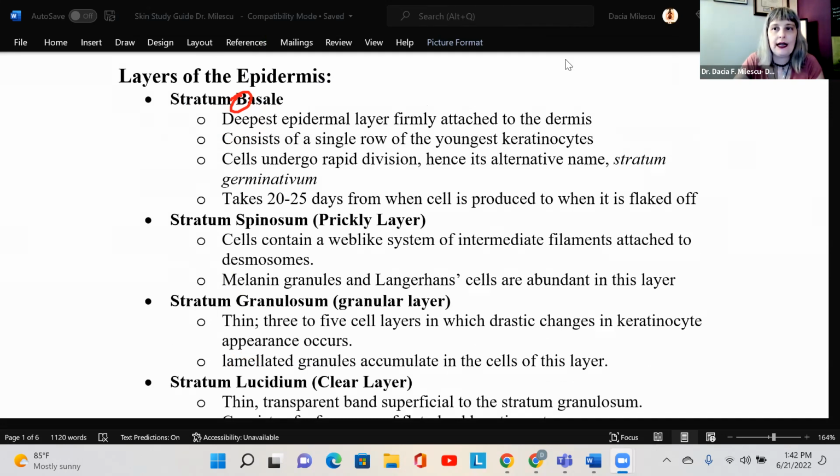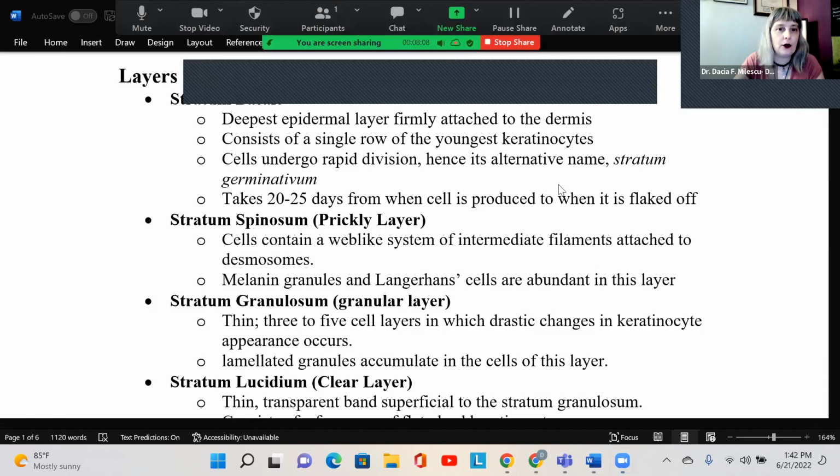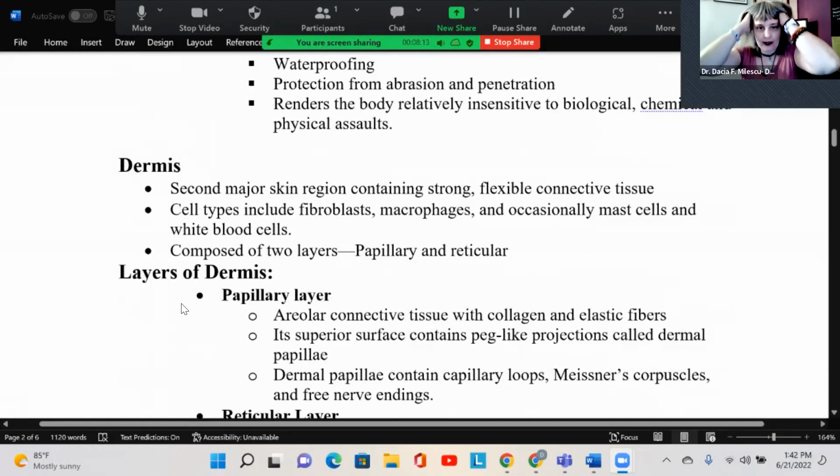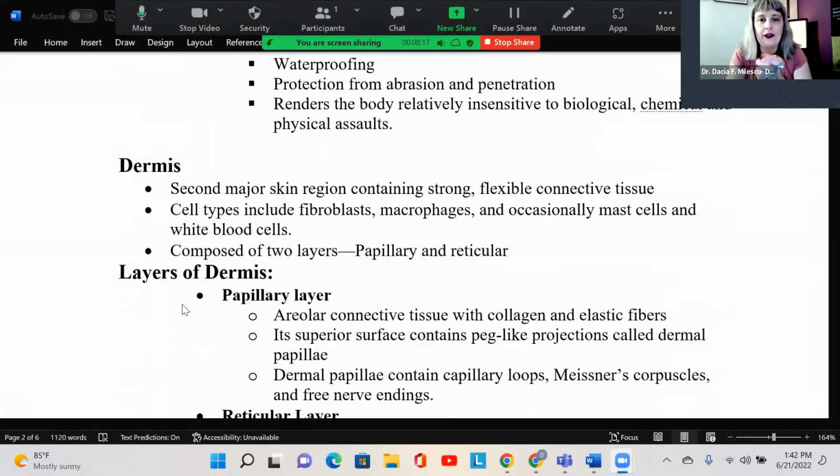So let's do the next step. Let me just clear out all this. The next step is to go over the dermis. So the dermis is the middle layer. It's composed of two types of tissue layers, papillary and reticular. It has a lot of flexibility because it has elastic connective tissue.